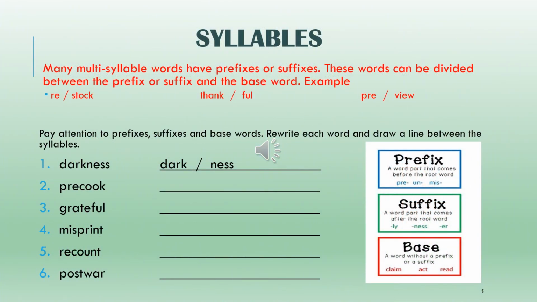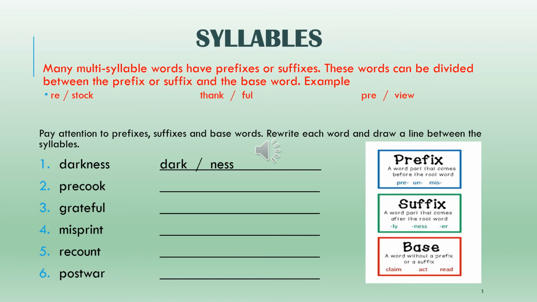Okay, we are on page number 5. Syllables is the title for this lesson. Many multiple-syllable words have a prefix or suffix. These words can be divided between the prefix or suffix and the base word. And here we have 3 examples. Start is divided between the prefix and the base word.